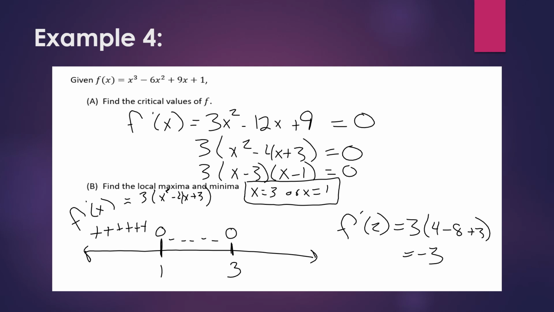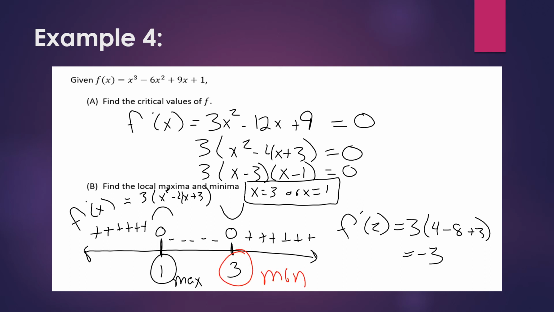If I plugged in like 100, 100 squared is way bigger than 400, so this is going to be positive. Plug in any value bigger than 3 into the derivative, you're going to get something positive. So what do we know? Increasing, then decreasing. This guy's a max. Decreasing to increasing, that's a min.